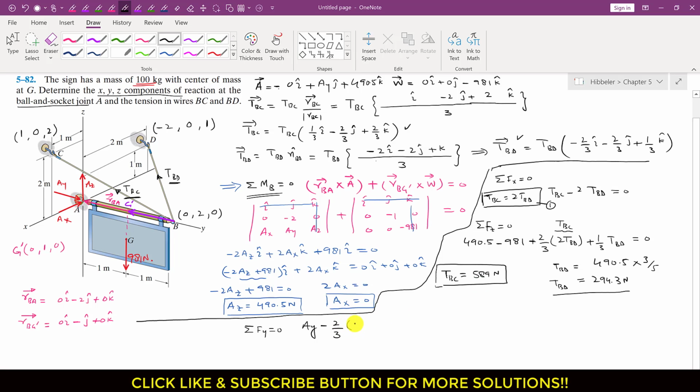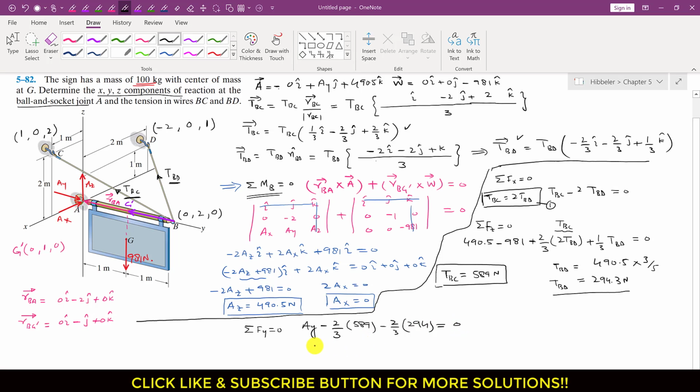Then we will have minus 2 divided by 3 TBD, and TBD magnitude is now known, which is 294.3. We can say this is approximately 294. So this will be equal to 0, right?